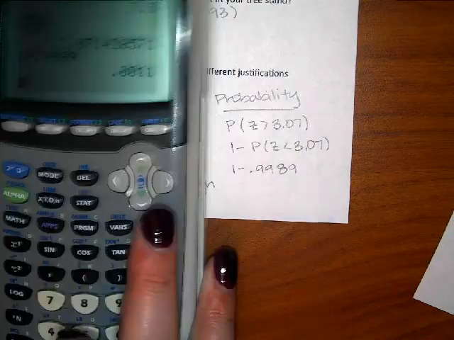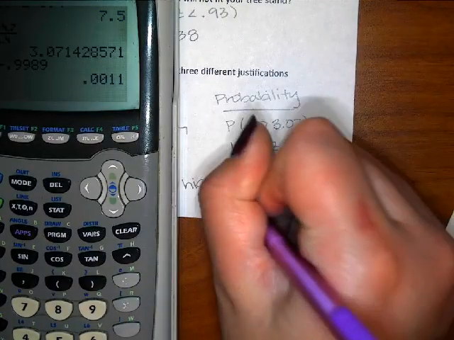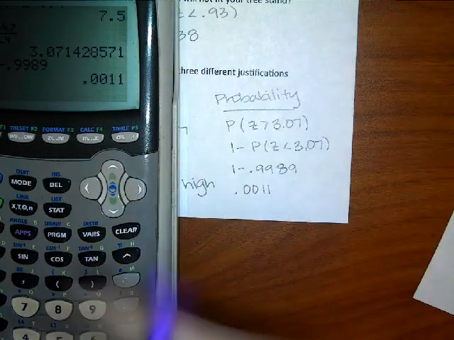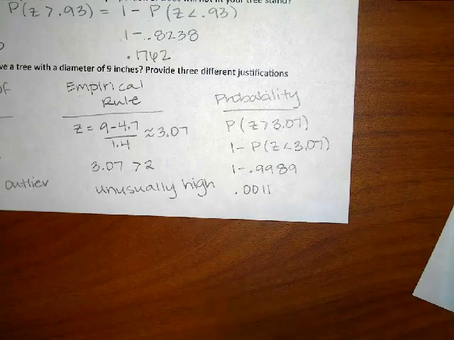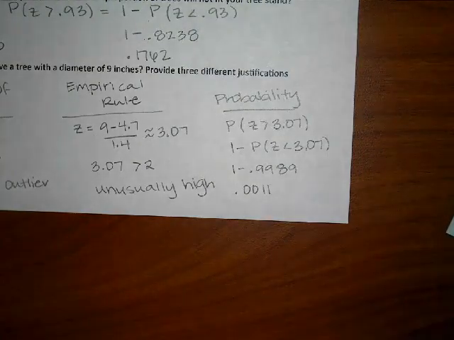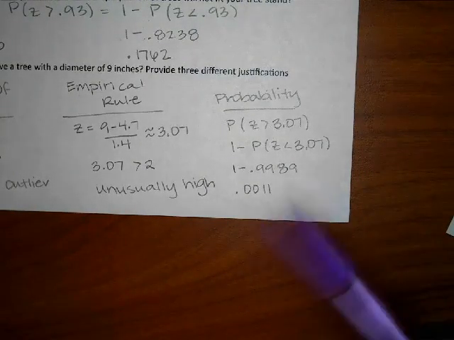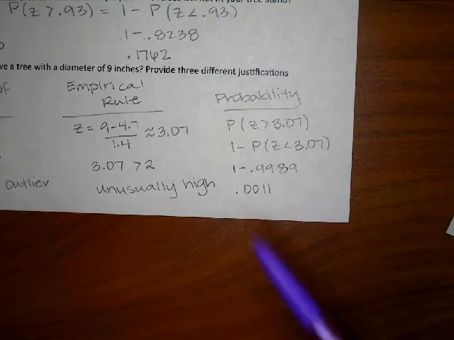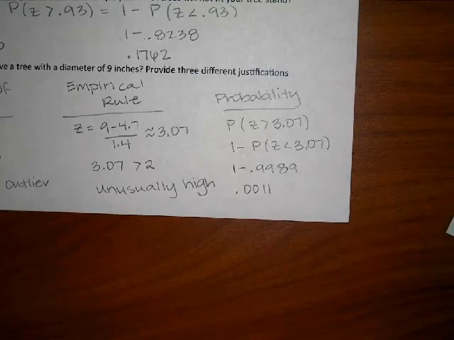When we talked about probability, we said the number that was the threshold to determine if a probability was unusual or not was 0.05, or 5% if we were talking in percentages. So we said if something had less than a 5% chance of happening, or a probability less than 0.05 of happening, then that would be something that was unusually high or unusually low.